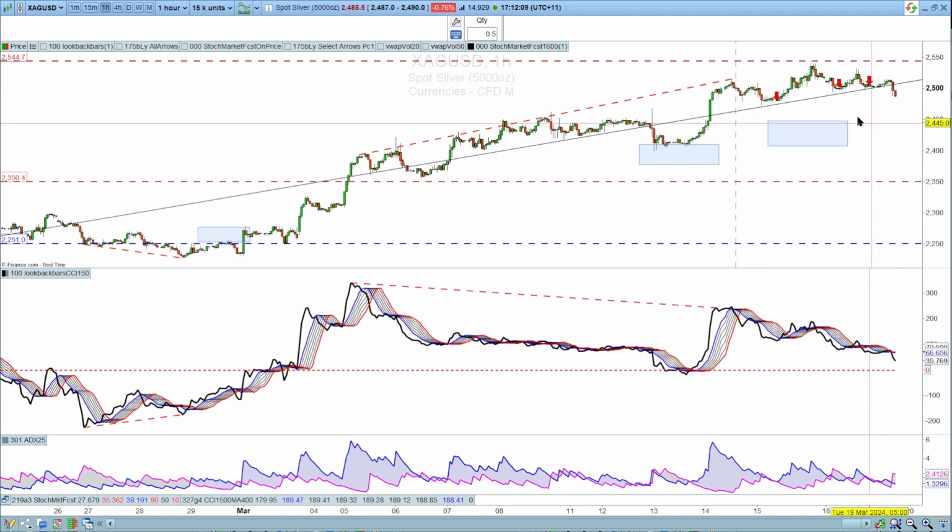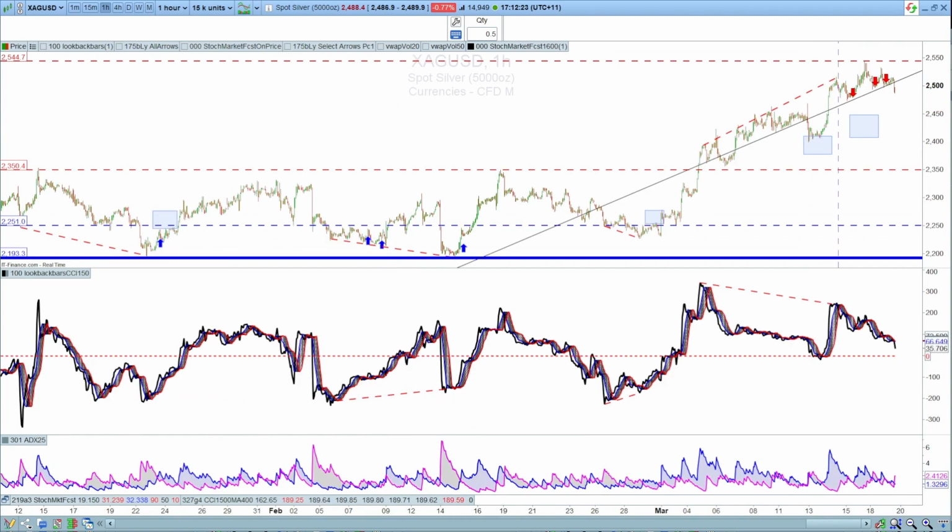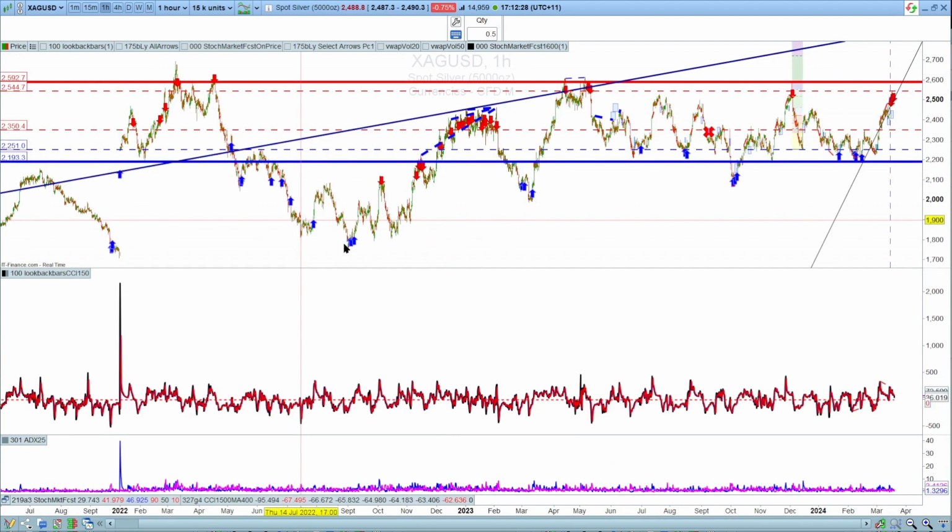But again, I've got these indicators, these arrows indicating a potential reversal. That's also covered in the description below in terms of understanding how to do the multiple indicator, which I've developed recently. If I zoom out, you can see it doesn't always pick the absolute bottoms, but it does pick those clusters of red arrows generally with a divergence, and then it picks a lot of the lows as well.